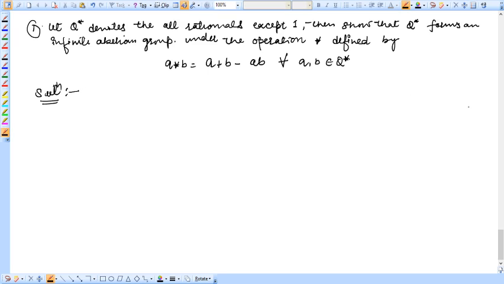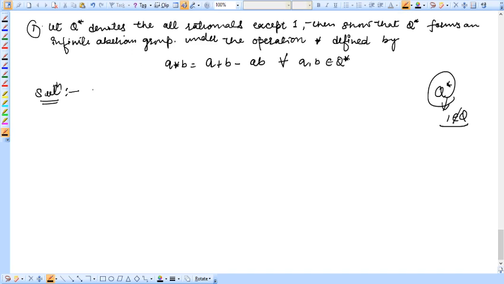So see what sort of set we are given here. Q star, where 1 does not belong to Q. All those rational numbers except 1 are part of the set, right? So solution.